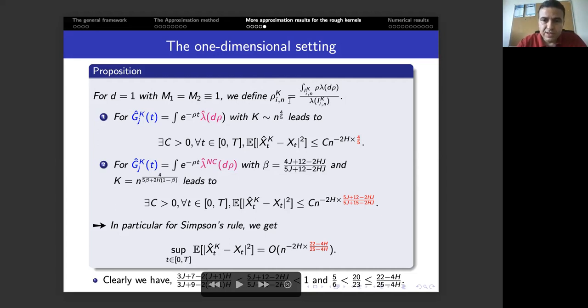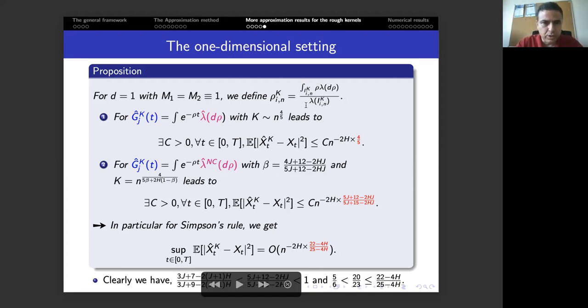If for this first part based on Riemann approximation, we take this particular choice for the weights rho I, which is given by the integral of rho lambda d rho on the interval I of k, divided by the measure of the interval I of k, then we are able to kill the first order in the approximation in each of our proposed approximations. So let me be more precise.